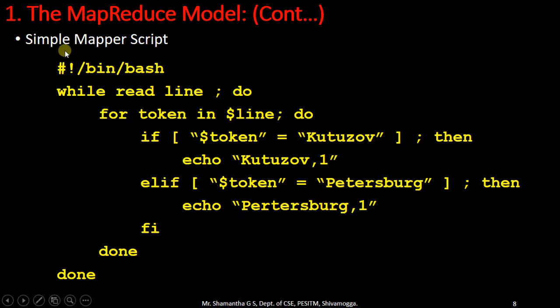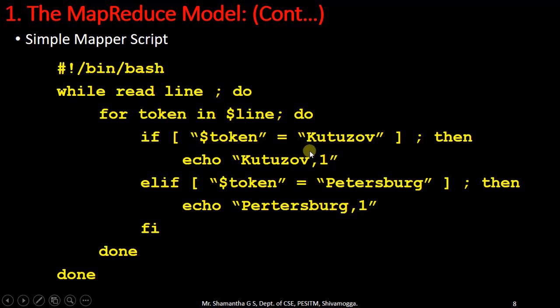Let's start analyzing the first script, the simple mapper script. This statement is going to read the text file line by line. From each line, the for statement is going to find the individual words. The token stands for the words in the line.